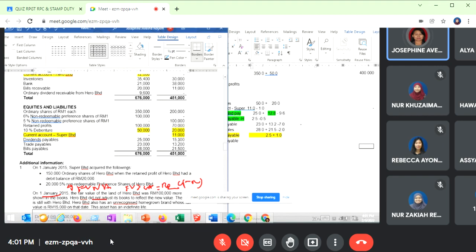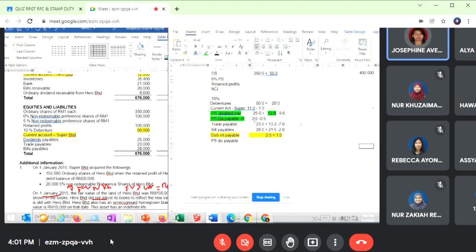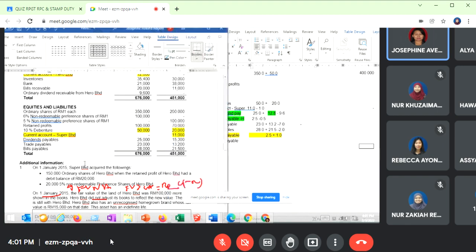You minus that 2.5 from earlier, and you will get the ordinary dividend paid by the subsidiary only, which is 12.8. The 2.5, you put under a separate item, preference dividend from the subsidiary.